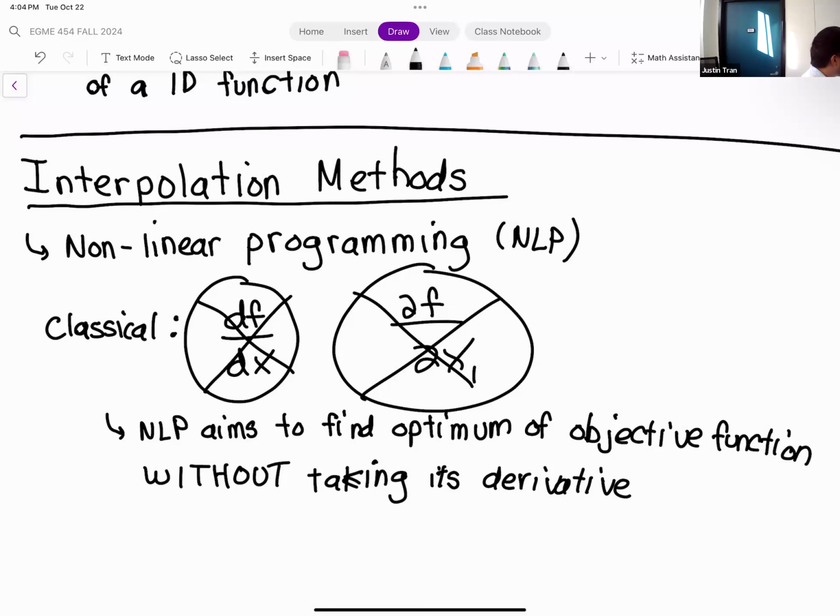All we're relying on in this case is not the objective function derivatives, but objective function evaluations.